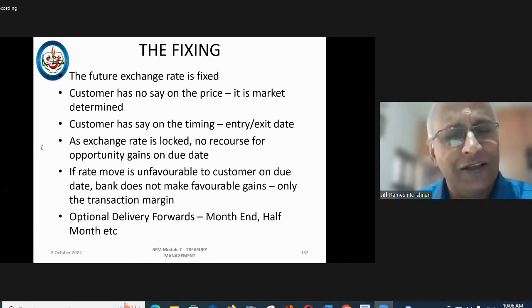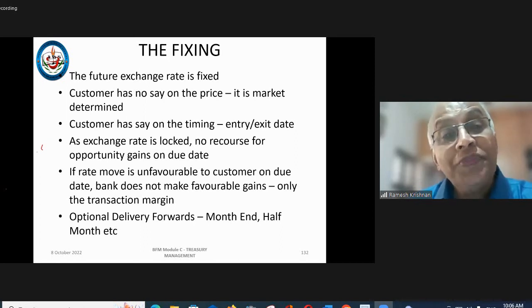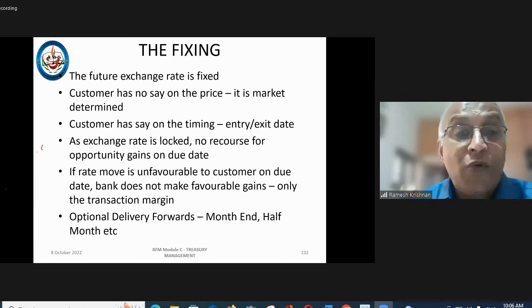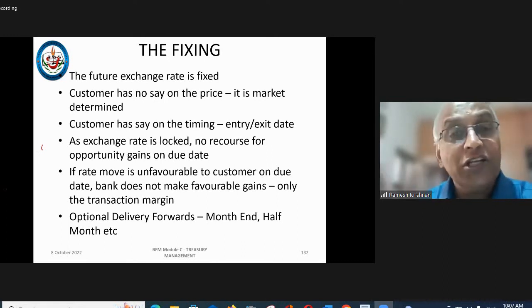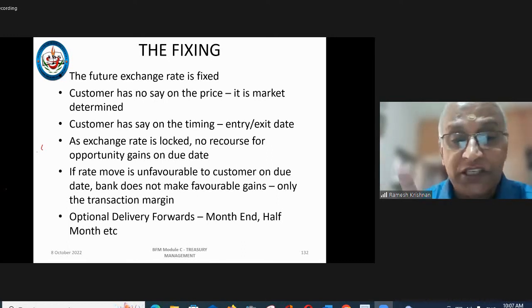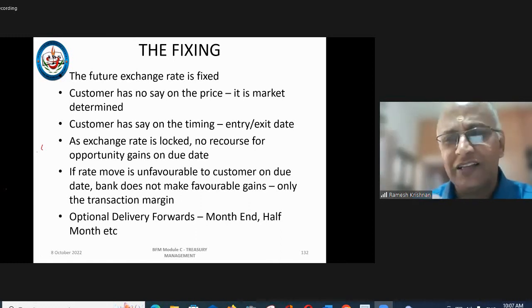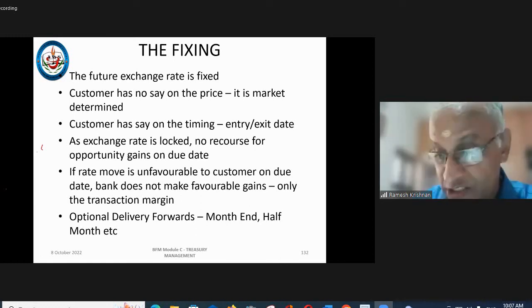That can be fixed as 1 week, or 1st to 15th, or 1st to 30th, depending on the choice of the customer. This is what optional delivery forwards are. So there is a month and half month, like that. This is just to complete the discussion.